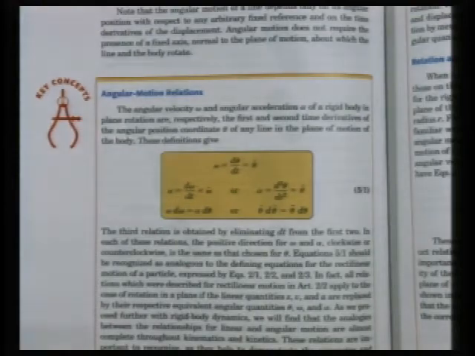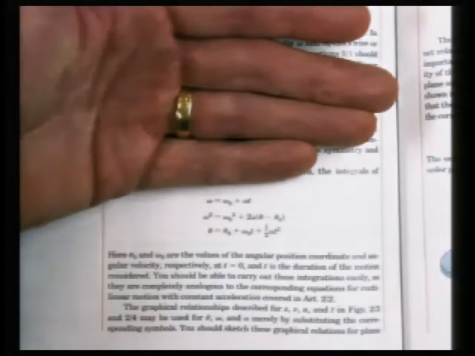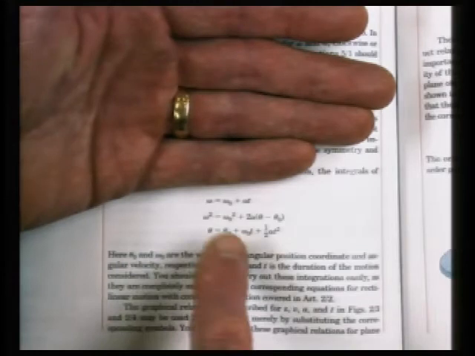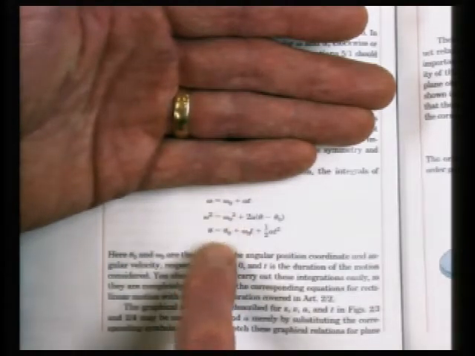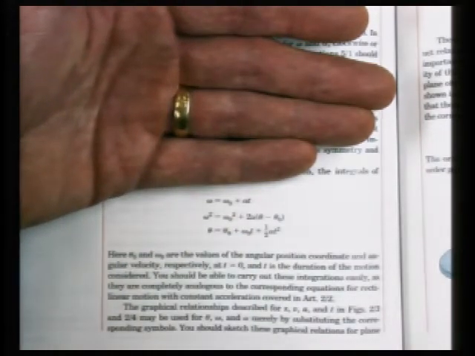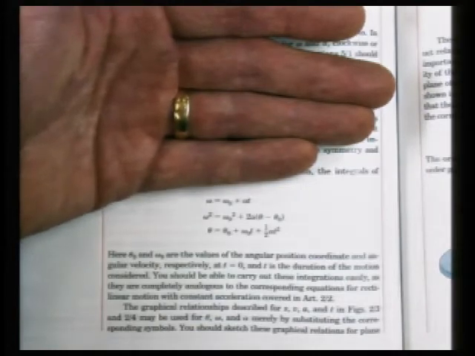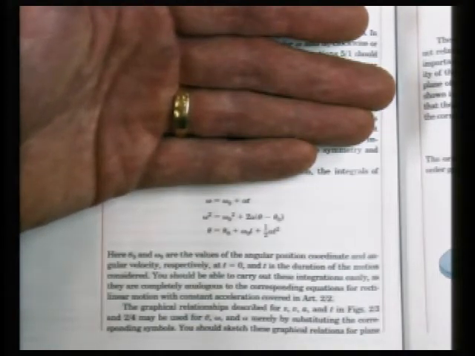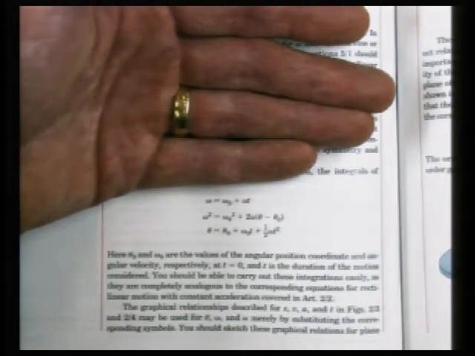Over on the next, here down at the bottom of this page, you'll notice the following. So what do you need to make sure you're cautious of if you're going to use these equations you see down here? Constant angular acceleration. Okay. Was that out of your brain or out of the book? Well, I kind of figured that's what it was because they look like the other projectile motion equations.